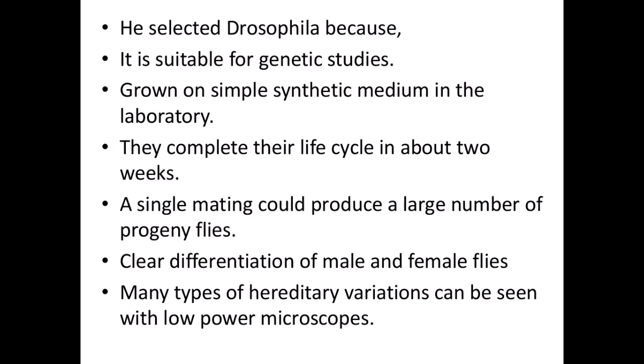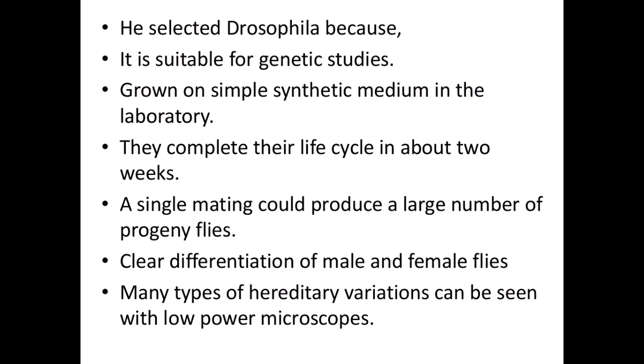For the study of genetics, some basic features are required. The organism must have a small size that is easy to handle. Second, their life cycle must be short, and third, they must possess variation.